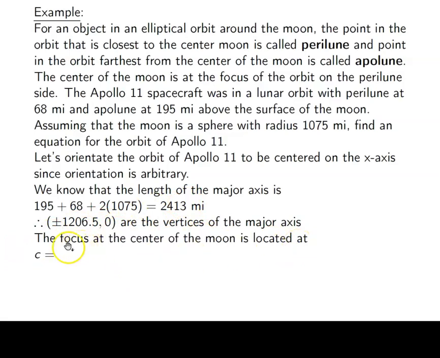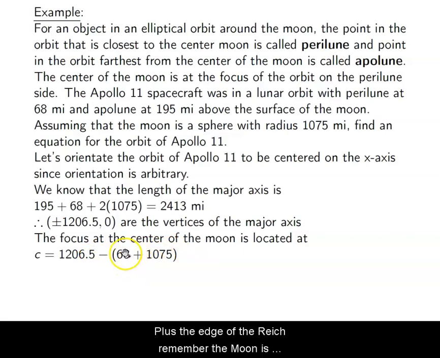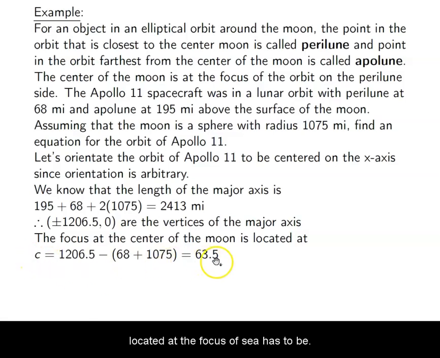The focus at the center of the moon is going to be located at c equals... I take my distance to the edge and subtract from that the distance to the moon plus one radius, because remember, the moon is centered at the focus. So c has to be 63.5.